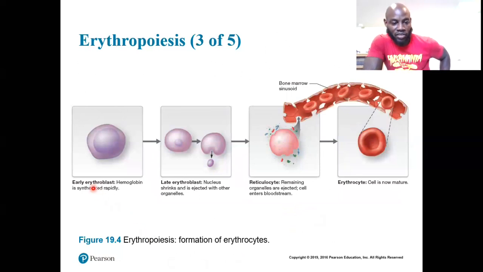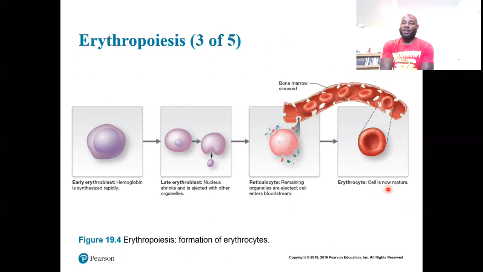So you have this early erythroblast, the nucleus is then ejected, the remaining organelles are ejected, and the cell enters the bloodstream and forms a mature erythrocyte, which has been optimized for gas exchange.